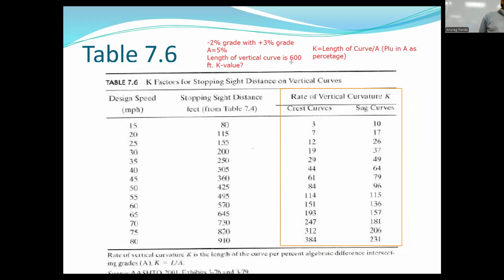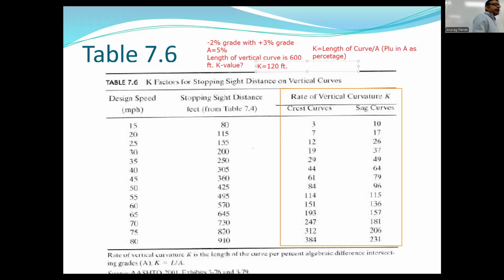K value is 120. So if I asked you, what would be an appropriate design speed for this curve? So you figured out the K value here is 120. So you just told me that K is 120 for this curve, right? You can say that to change the grade by 1%, you're using 120 feet of length.